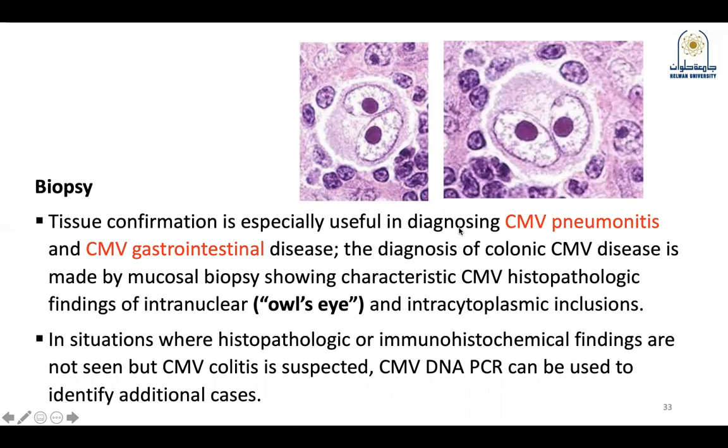We could rely on this in case of CMV pneumonitis or CMV gastrointestinal diseases. Also, the CMV PCR could be helpful in the tissue in these two affections, the pneumonia and the GIT.